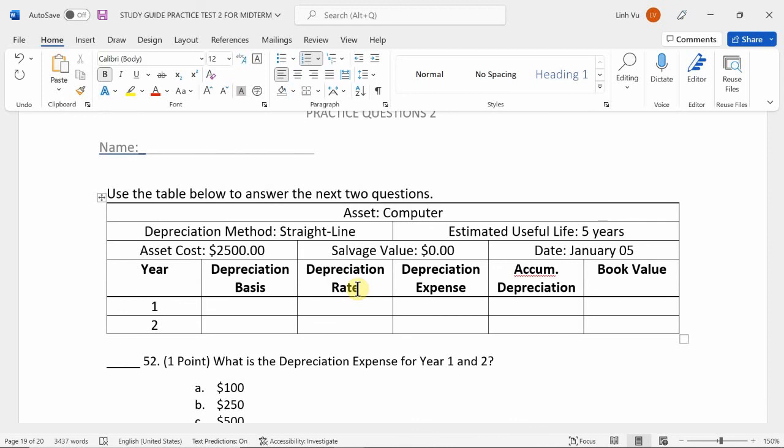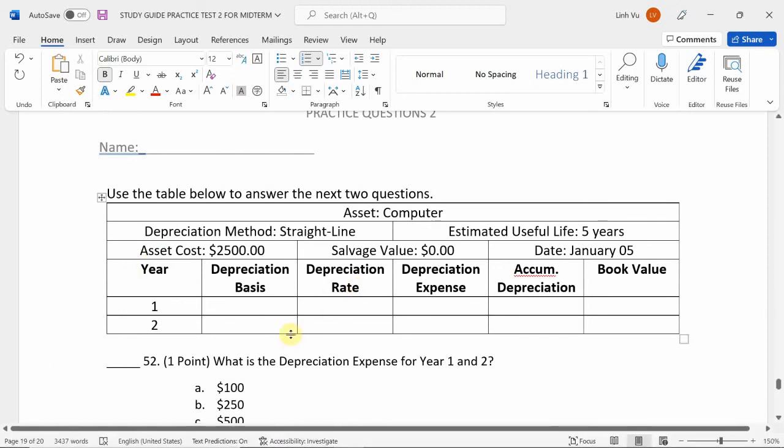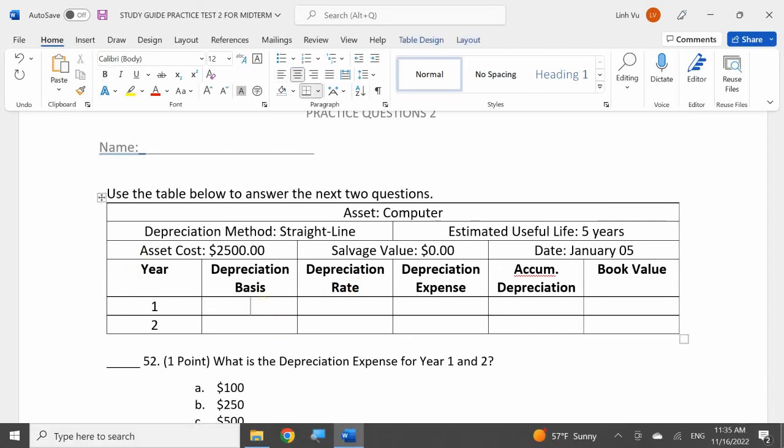In this case, for the first year, depreciation basis for straight line is your asset cost minus salvage value. Asset cost of $2,500 minus salvage value of 0 gives you $2,500.